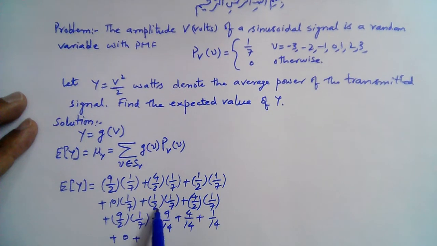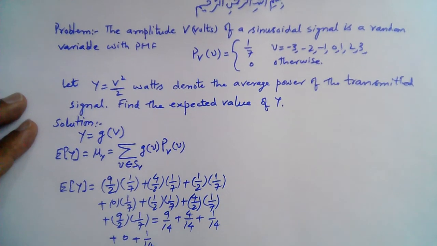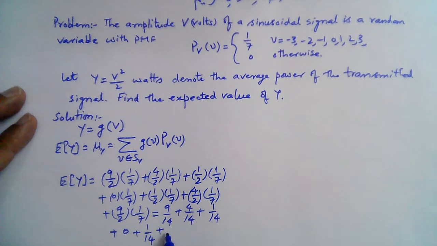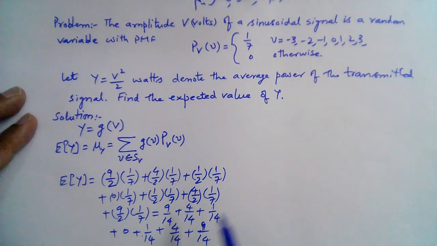Then we have again 1 over 14, then we have 4 over 14, and then we have again 9 over 14. So these are 1, 2, 3, 4, 5, 6 terms. We need to add them together, leaving out the 0.